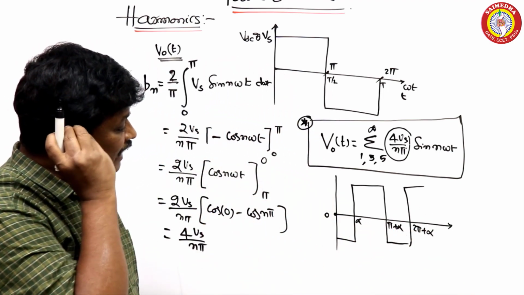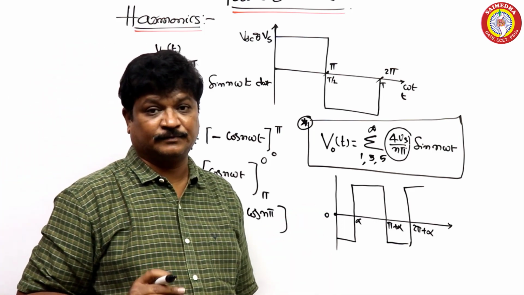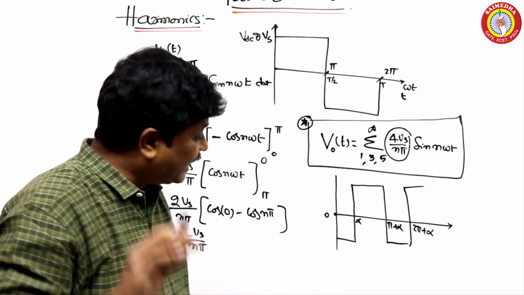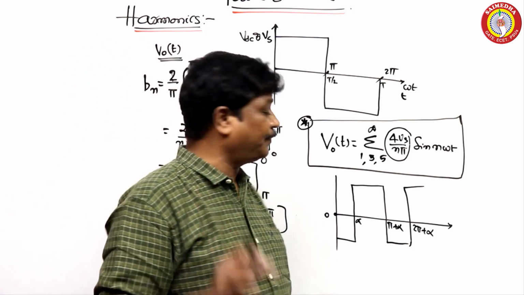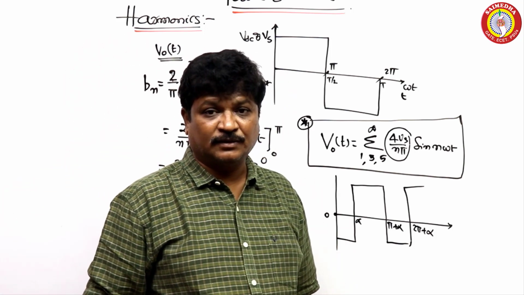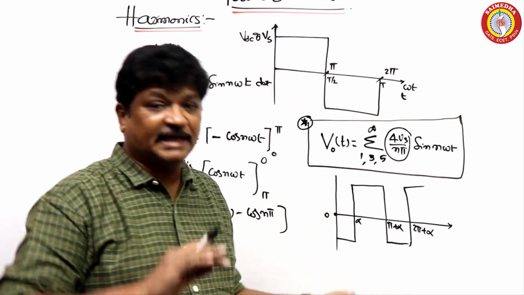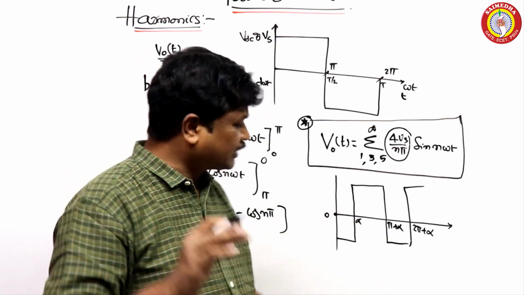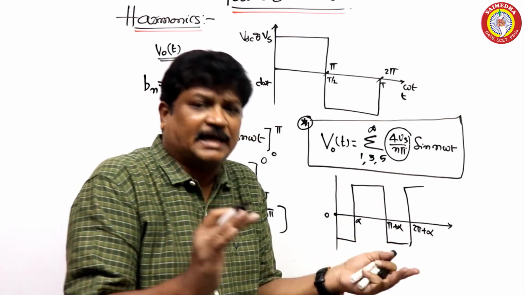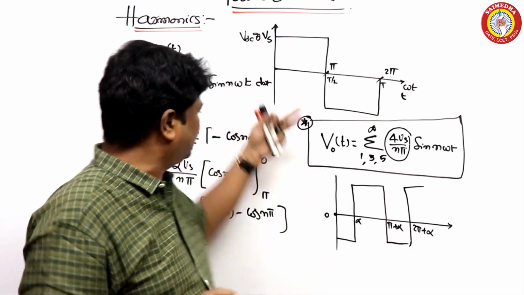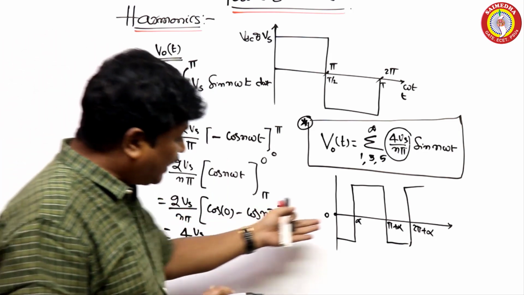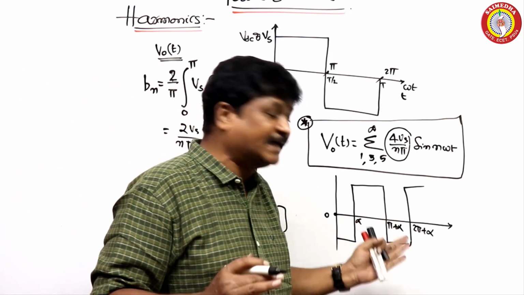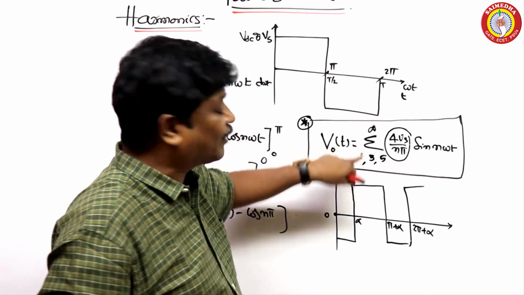Now, how to write the output expression for this one? I am directly writing the output expression. I don't want to derive because we are preparing for competitive exams. That's why I will tell you the simple logic. If you have time, you can try to derive it, no problem. For the earlier one I gave a derivation because there were few steps. You may have more steps to get this one, but finally we get a similar format.